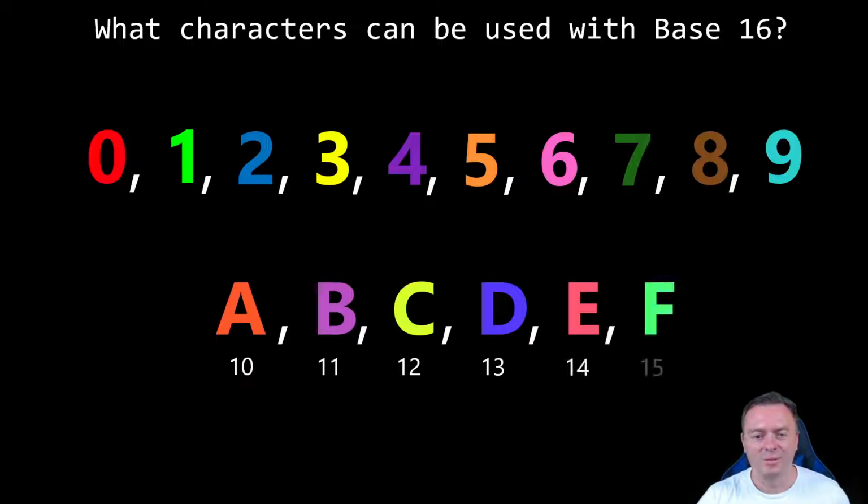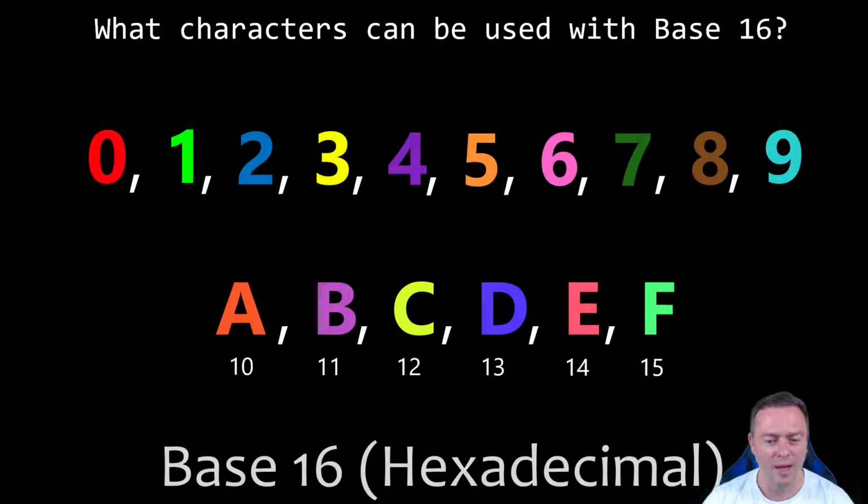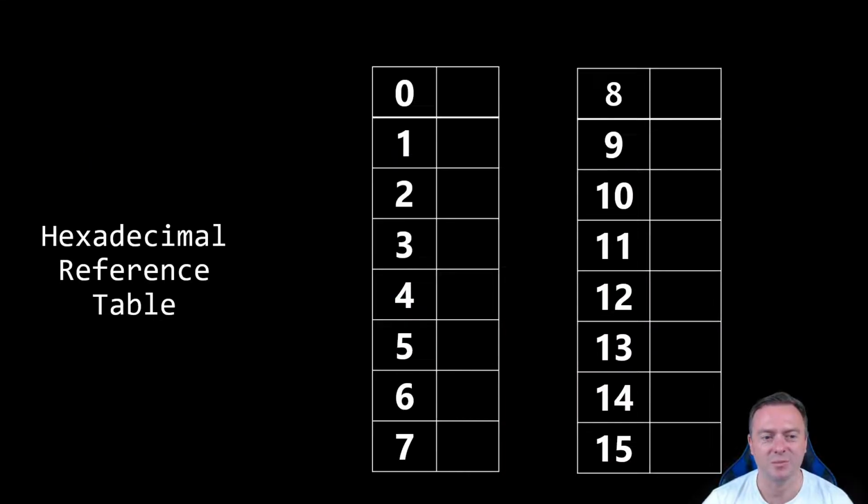Okay, so that's what hexadecimal looks like. Now, this is super important for computer scientists, not just for colors, but also for memory addresses. So when we look at the hexadecimal reference table, 0, 1, 2, 3, 4, 5, 6, 7, this is the way the decimal number looks. This is the hexadecimal. Now, it's exactly the same from 0 to 9.